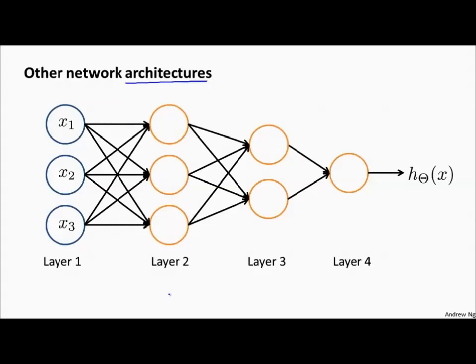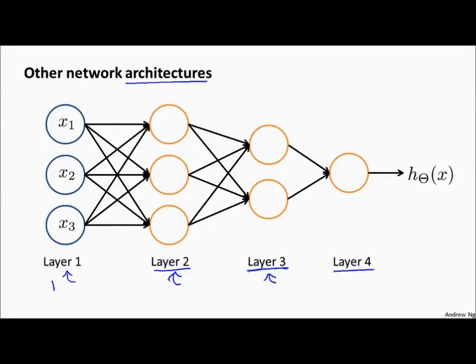And once again, you may be able to get this intuition of how the second layer, here we have 3 hidden units, is computing some complex function maybe of the input layer. And then the third layer can take the second layer's features and compute even more complex features in layer 3, so that by the time you get to the output layer, layer 4, you can have even more complex features of what you were able to compute in layer 3, and so get very interesting nonlinear hypotheses.